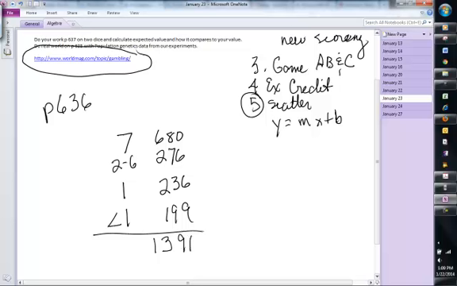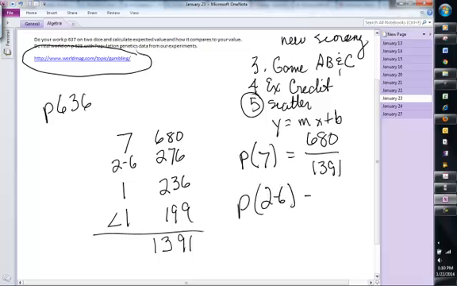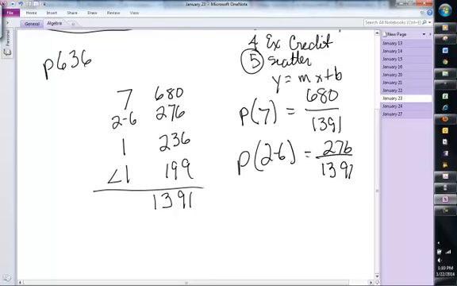So the probability of having 7 is 680 over 1391. The probability of 2 to 6 is 276 over 1391. The probability of 1 is 236 over 1391, and so on.